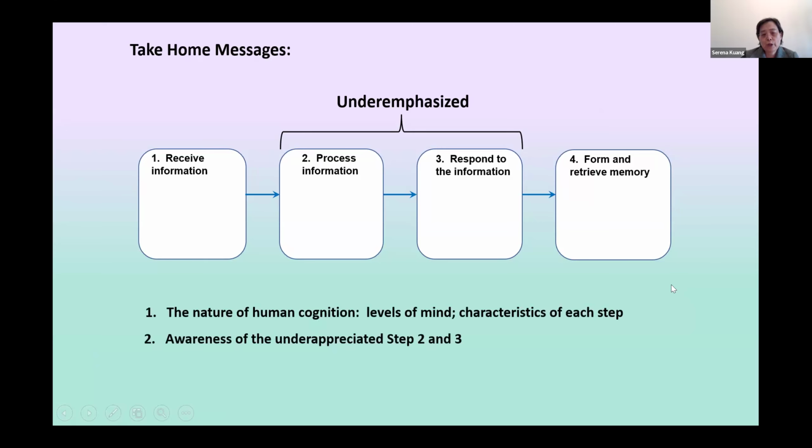I think educators should get familiar with the nature of human cognition and be highly aware of these under-appreciated two steps, and know how to help students elevate and broaden their vision and unlock their wisdom, to promote them to use their rational brain for long-term achievements.